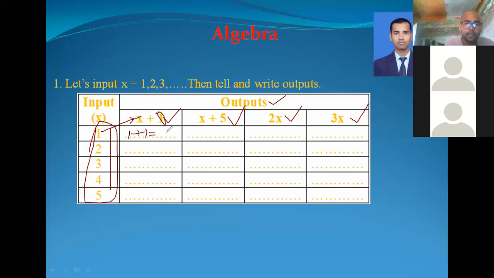This is the process of evaluating: after evaluating the expression x plus 1, we have the output 2. The 2 is the output, that means the result that we obtain after evaluating the expressions or the terms by replacing the values of the variable letters.